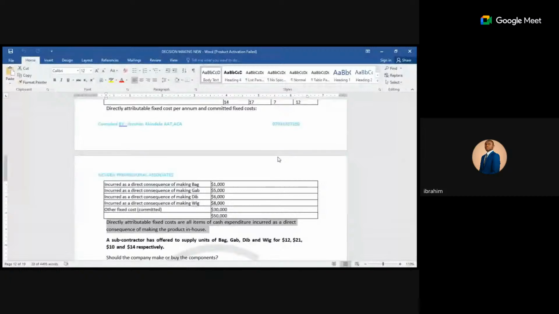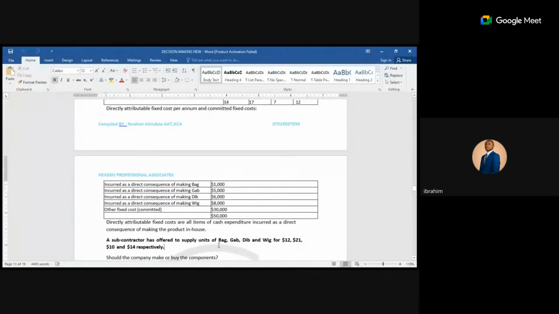It depends on the cost. If the cost of making it in-house is higher than outsourcing, you quickly say, outsource this material, because if we make it internally, the cost will increase. But we need to save costs as a management accountant or as a cost accountant. Right.